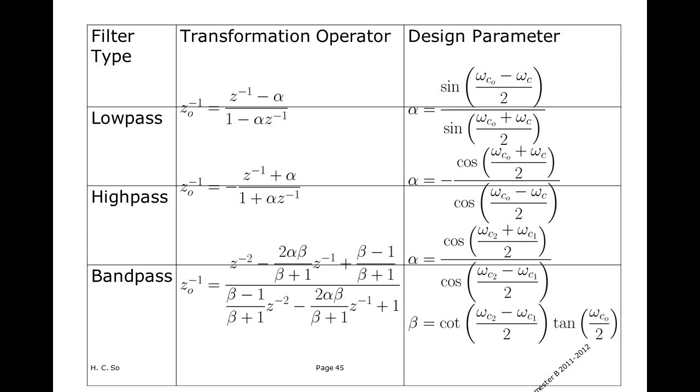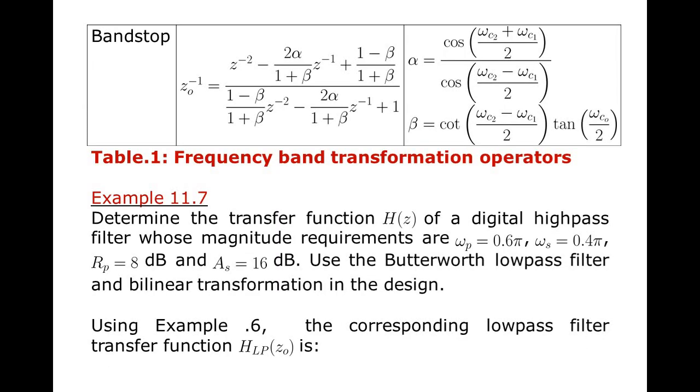See, this table gives you the filter type, transformation operator and design parameters, which are important for low pass, high pass, band pass and band stop filters. This is a frequency to frequency transformation.